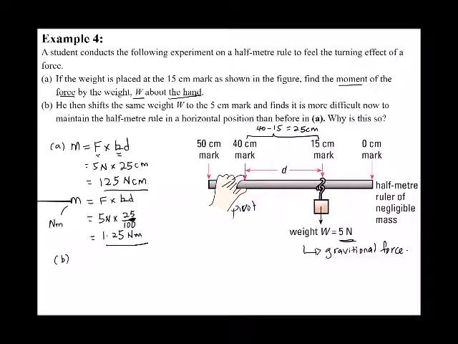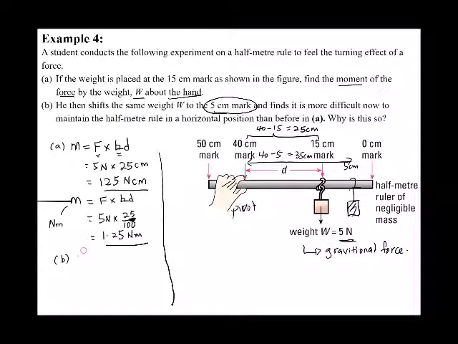Now for part B, you are told that you now want to move the weight to the 5 cm mark. To the 5 cm mark means over here. So now, what will be the perpendicular distance? The perpendicular distance will be from the 40 cm mark all the way to the 5 cm mark over here. So it will be 40 minus 5, which equals 35 cm.